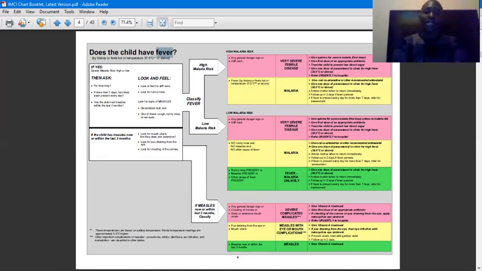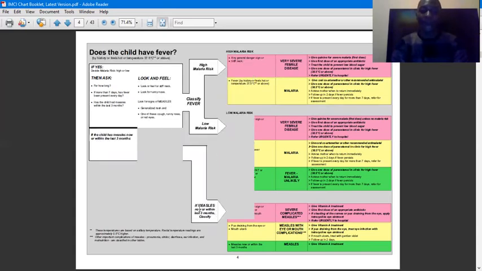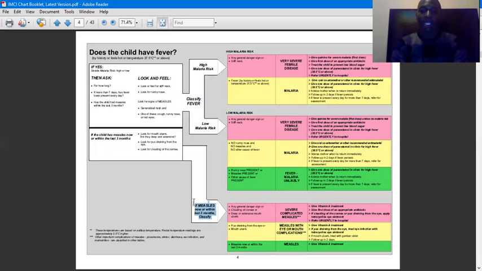According to IMCI, if a child presents with fever, this fever may lead you to malaria, high risk malaria, meaning in the scenario they may tell you a malaria test is confirmed positive, so this may lead you to high risk malaria or low risk malaria, or the fever may lead you to measles, if the child presents with any supportive symptoms of measles. We'll talk about the details of that later on.